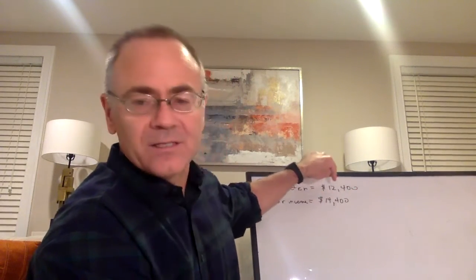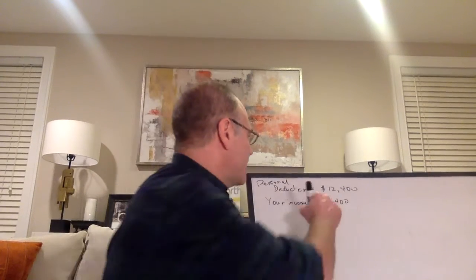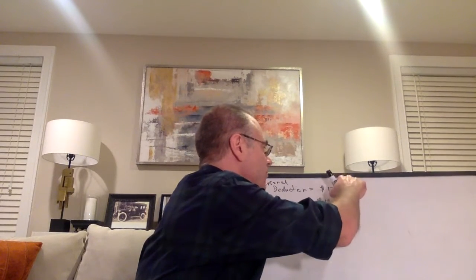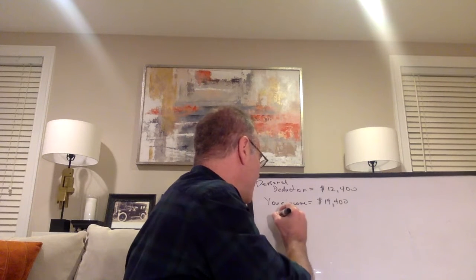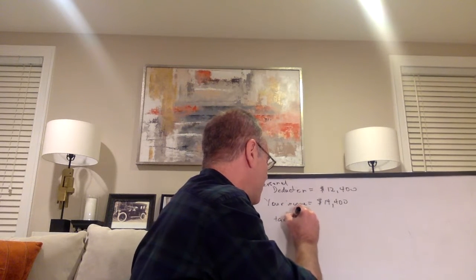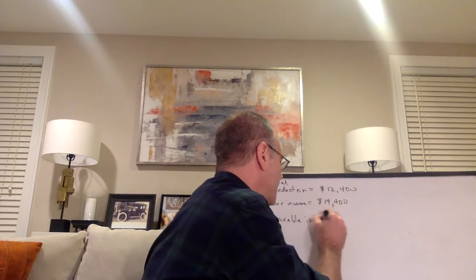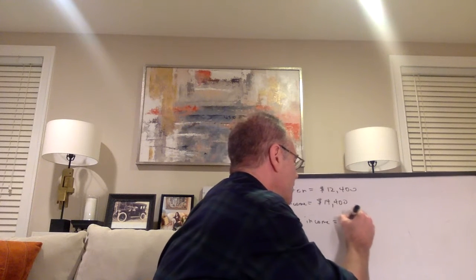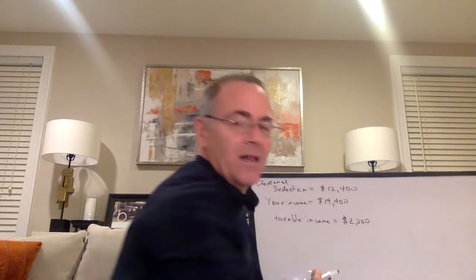The way you will calculate your taxes, as the law says, the first 12,400 you get to deduct. That's not counted as income. So you take the 14,400, subtract 12,400, and that leaves a taxable income of $2,000. You only have to pay taxes on that $2,000. The first 12,400 you don't have to pay taxes on.